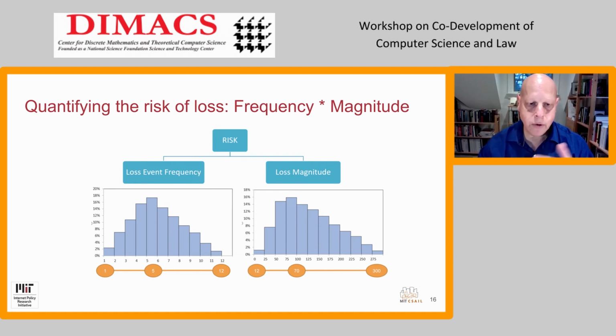If you know the loss event frequency across different kinds of failures, and if you know the magnitude of loss, that is the dollar value of loss, then you can start to assess risk in a reasonable way, and you can start to price insurance in a reasonable way and put reasonable requirements on insurance mechanisms.